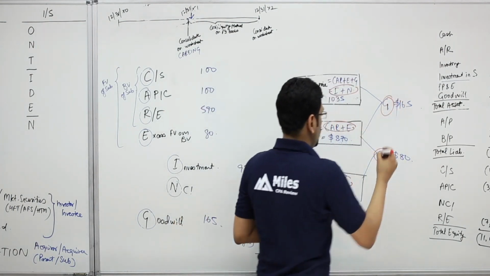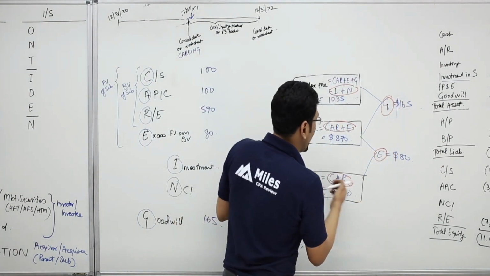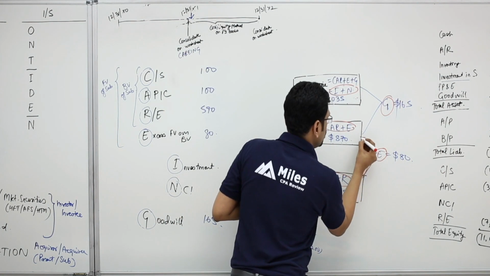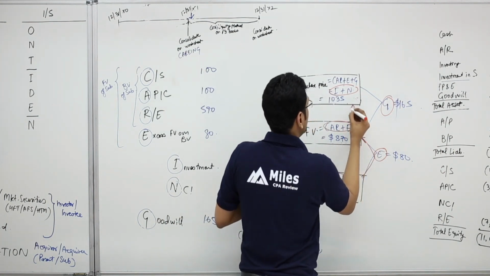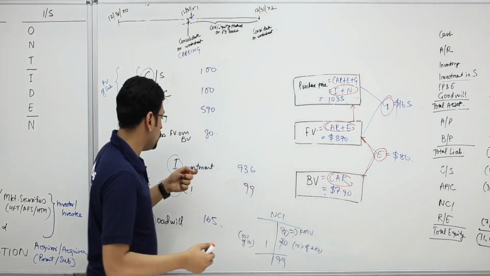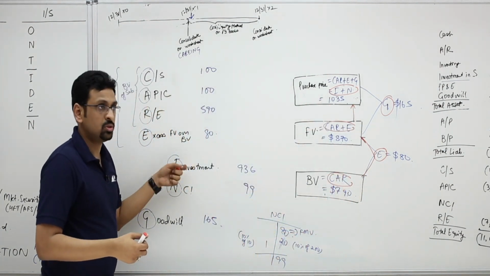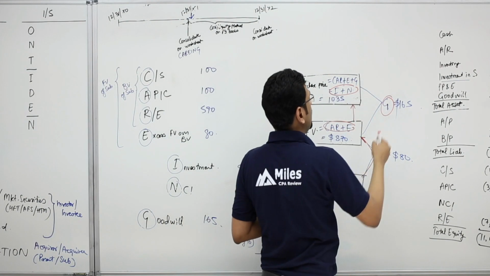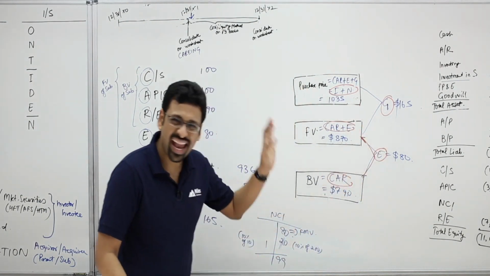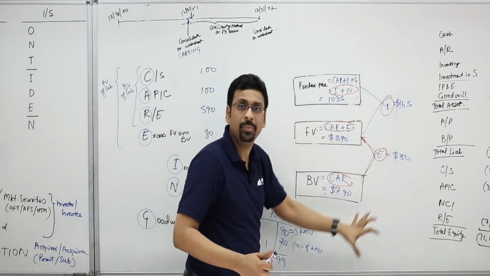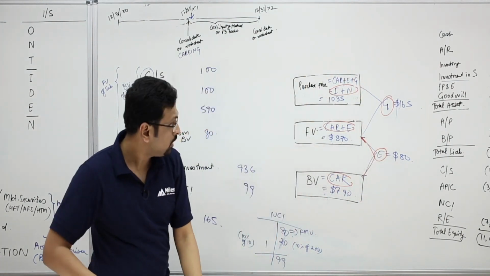So this is the goodwill. The direction you move is from book value, you go to fair value. From fair value, you go to purchase price, or rather the sum of investment and non-controlling interest. And from there you calculate the residual, which is goodwill. You can go in any direction, just make sure the numbers tie in well.